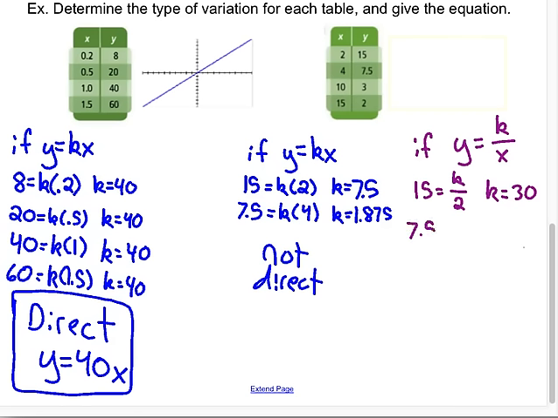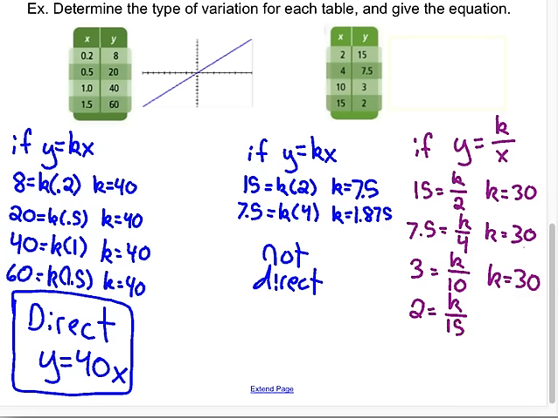So when y is 7.5, my x is 4. Multiply the 4 over, I get k equals 30 again. Let's try when y is 3, x is 10. Multiply the 10 over, you'll see k is 30. When y is 2, x is 15.